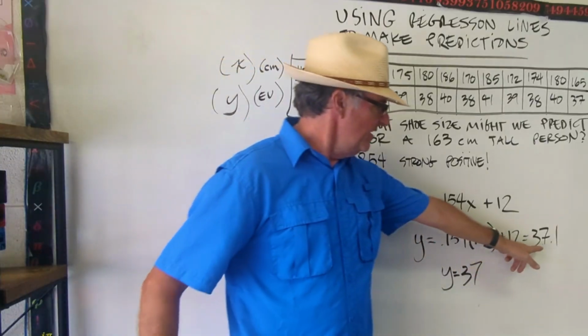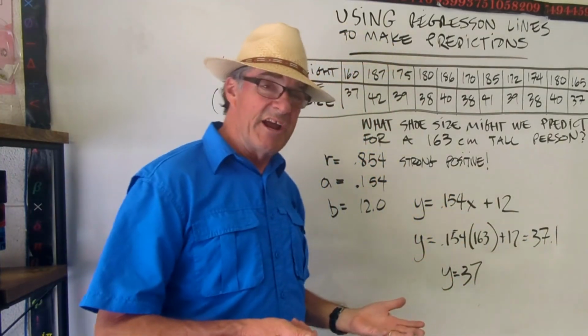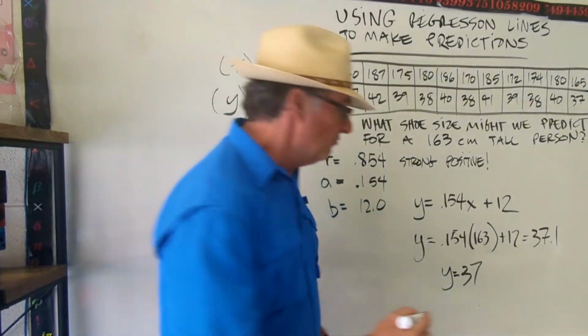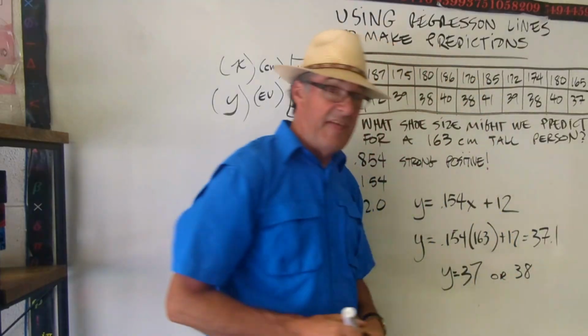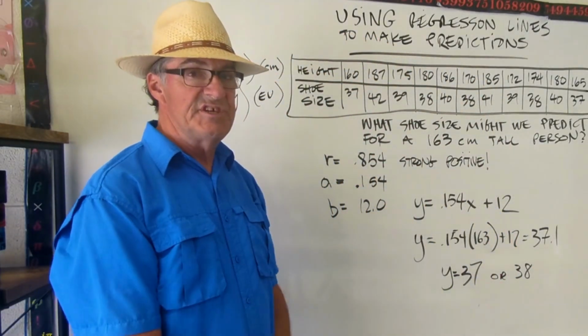But in this case, 0.1, not that much more. So if I were trying on shoes, I'd probably try the 37 first, but I'd be ready to go to the 38.